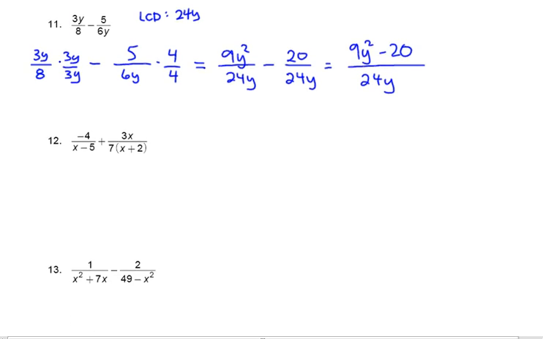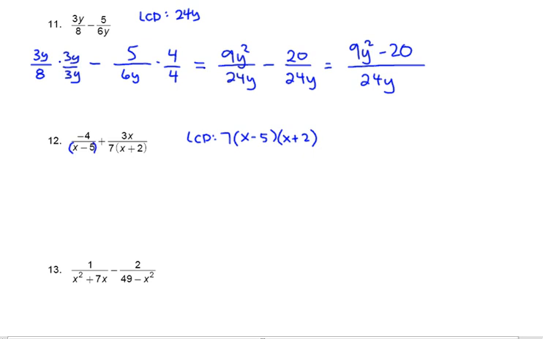Okay. So, what would be the lowest common denominator of this guy? 7 times x minus 5 times x plus 2. We have to include all monomials and binomials that are on the denominator.